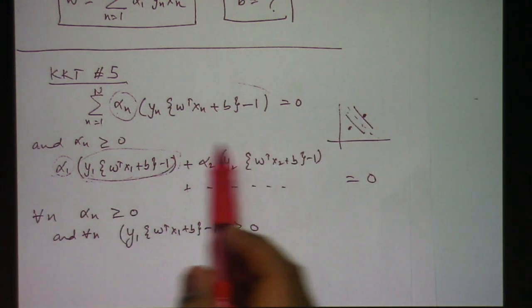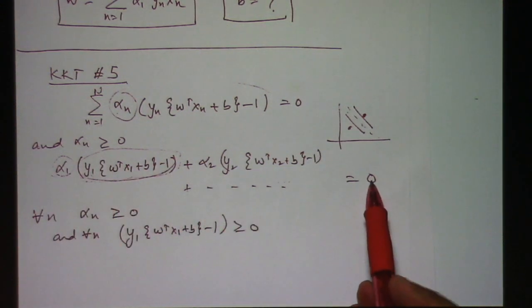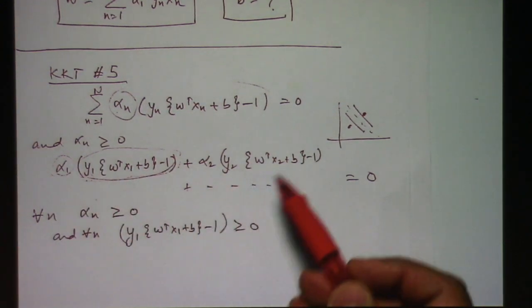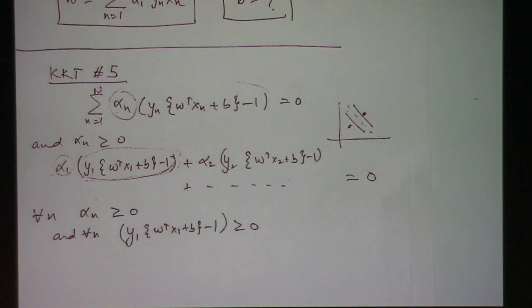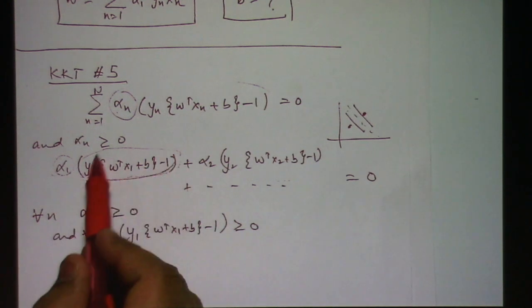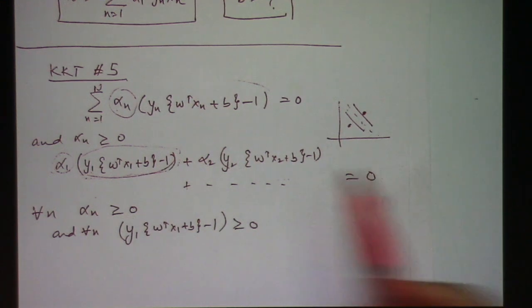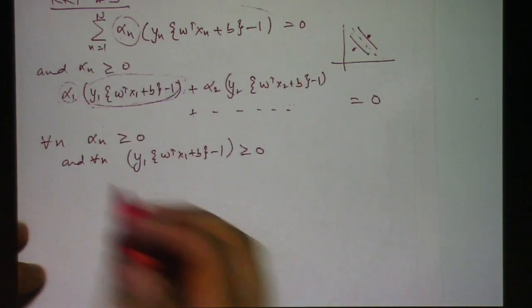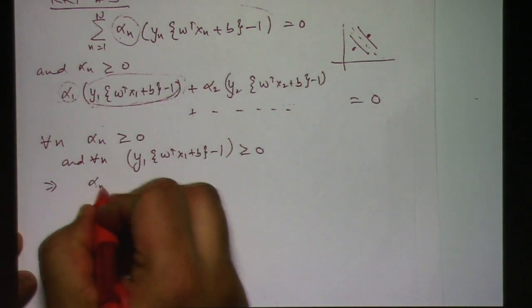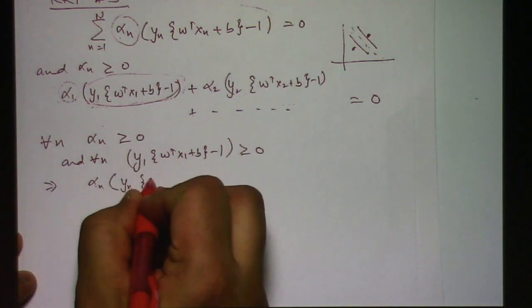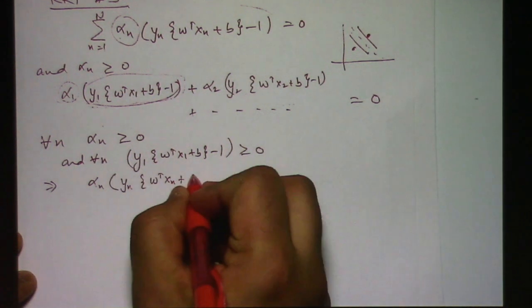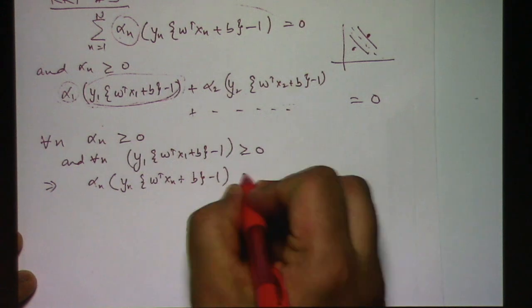Which means that for this whole summation to be 0, each one of these individual entries should be 0, right? Because they're all positive. You cannot sum up positive quantities and get 0, right? So the only way this would happen implies that alpha n y_n must be equal to 0.